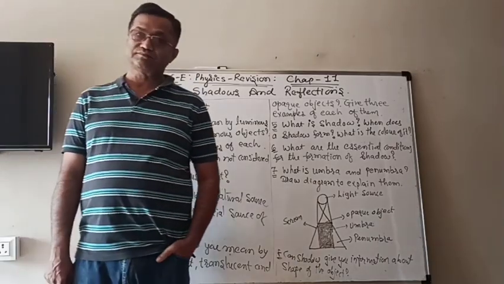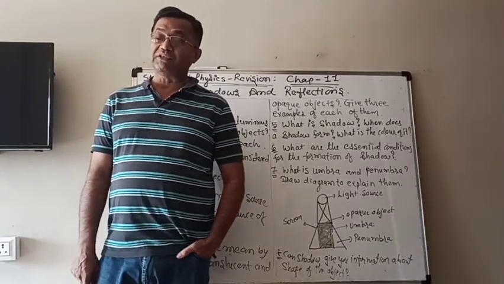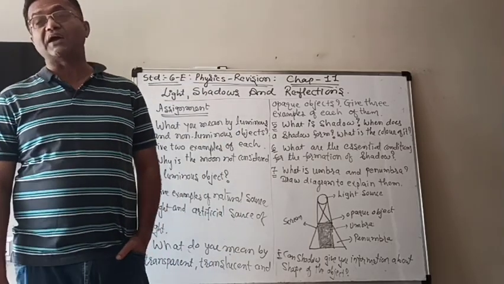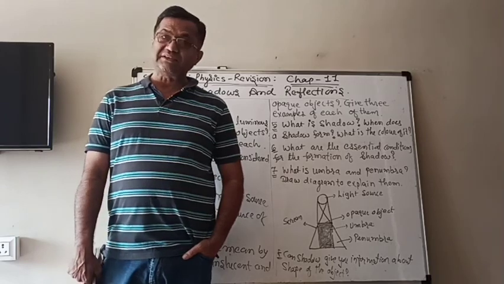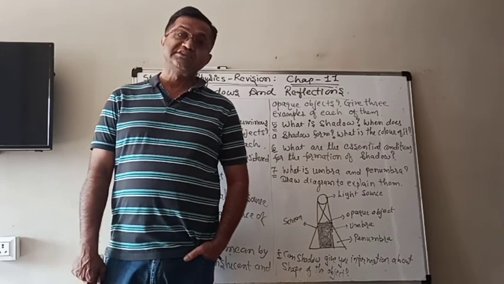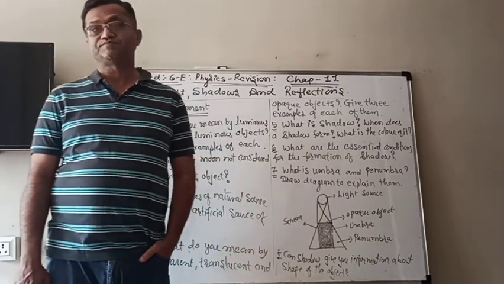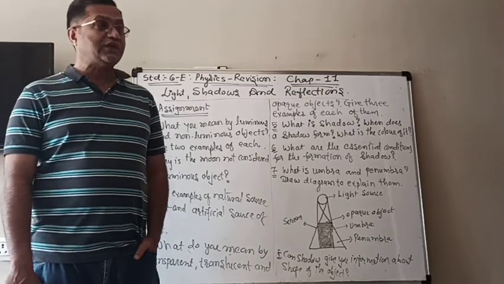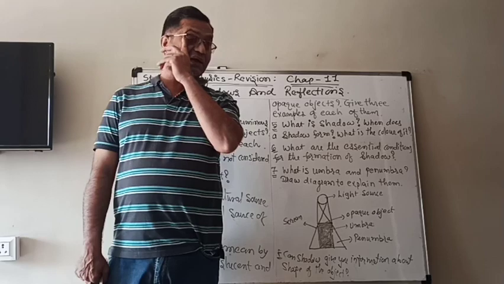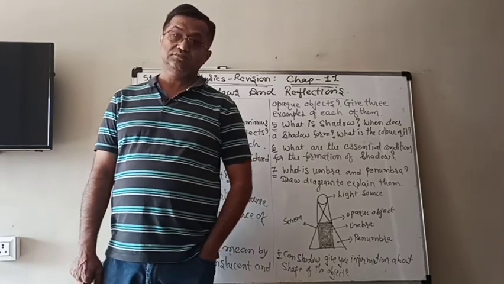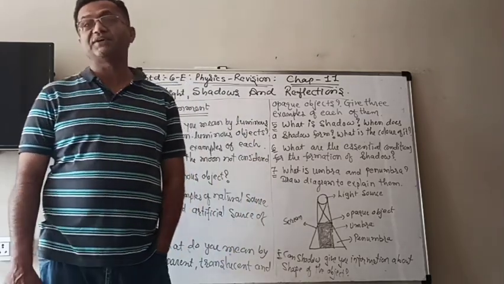What is light? We know that light is a form of energy which enables us to see the objects. Without light, only eyes are not able to see the objects.